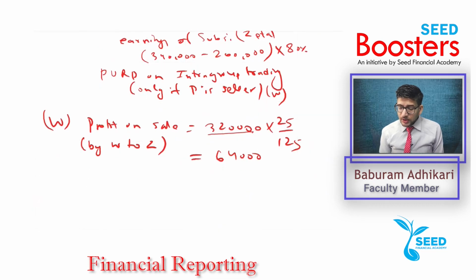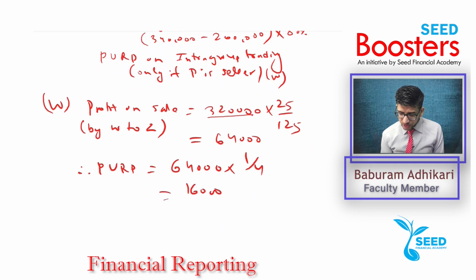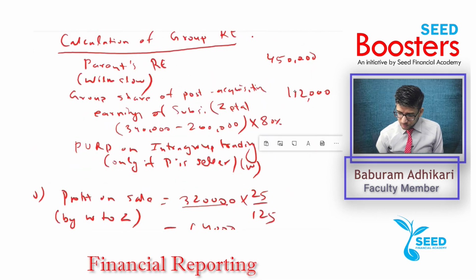Therefore, PURP is equal to 64,000 multiplied by 1/4, which is 16,000. So we can use this figure here. Since this is the unrealized profit, it should be eliminated during the consolidation exercise.